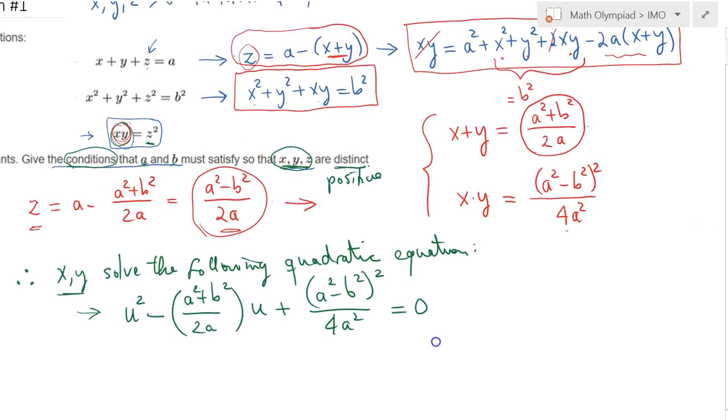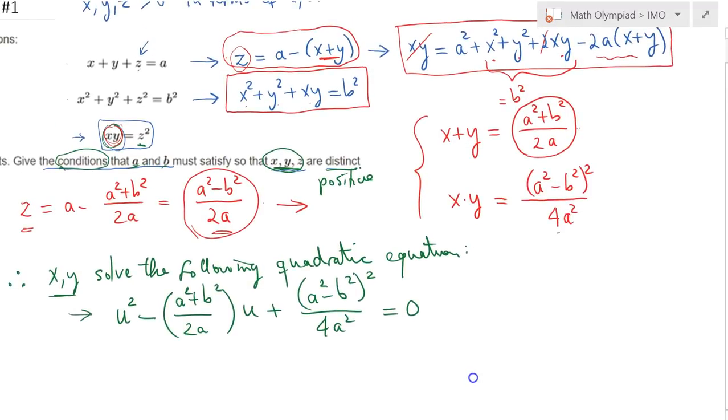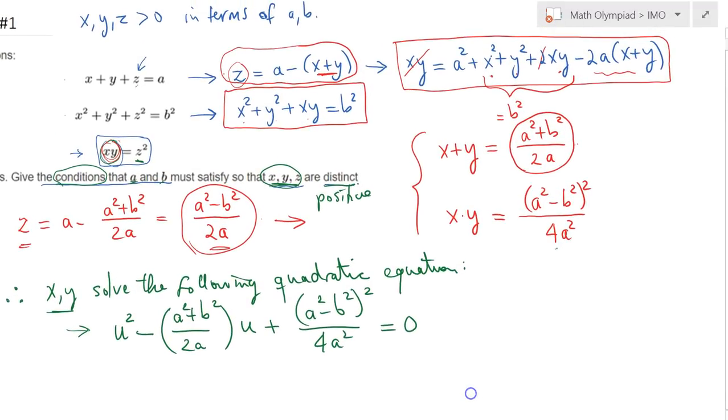Okay, so let's be careful on this. Let's be very careful on the conditions, and do it step by step. Let's start with z first. This is our expression for z, this parametrization for z. We want z to be greater than 0.